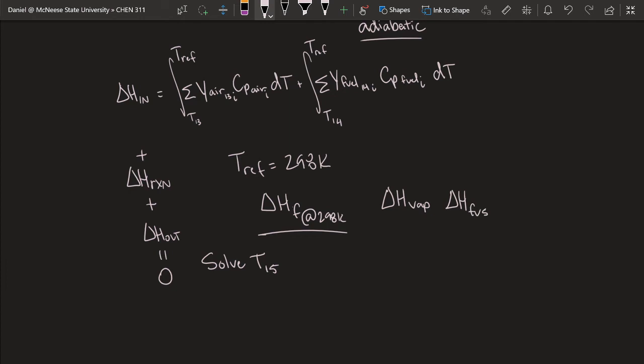They're all latent heat, but this is whenever you change phase. This is for whenever you change from a liquid to a gas, and this is whenever you change from a gas to a liquid. And all of these are also, I believe, at 298 K. They're all at that reference temperature.